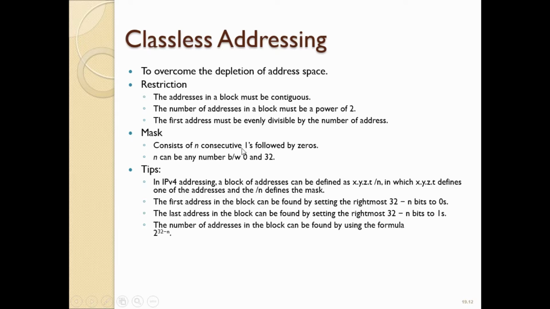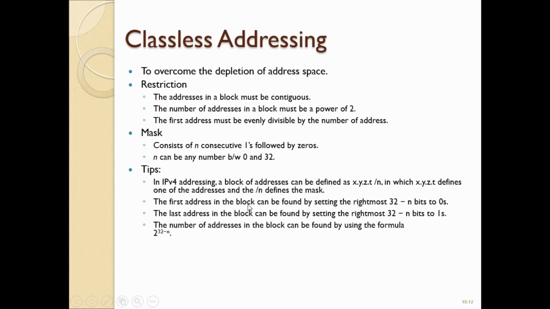Moving further, the mask consists of n consecutive ones followed by zeros, and n can be any number between 0 and 32. Some tips are given. In IPv4 addressing, a block of addresses can be defined as x.y.z.t/n. This is the dotted decimal notation followed by n, in which x.y.z.t defines one of the addresses and /n defines the mask.